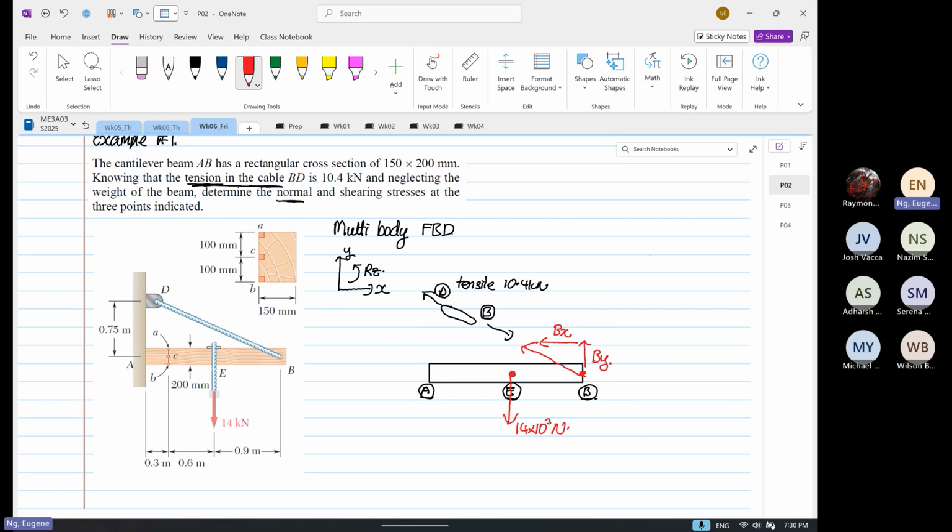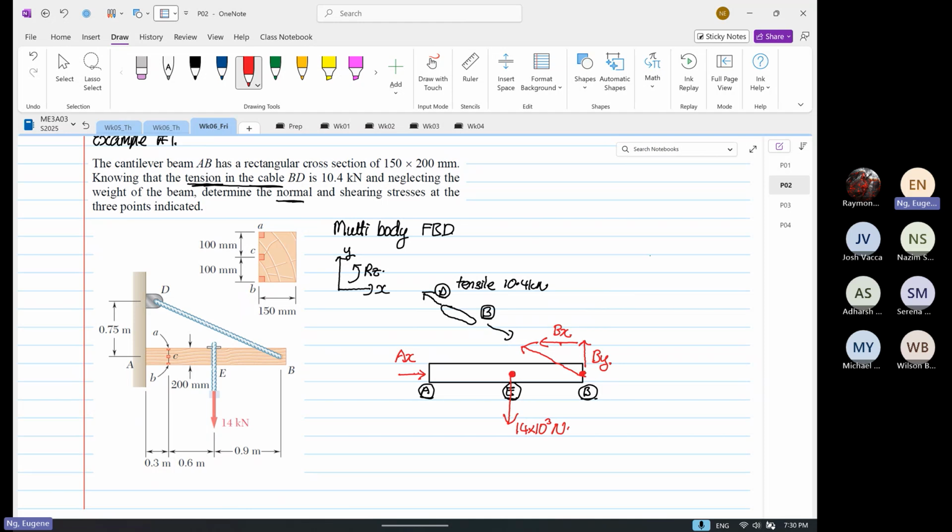And then on the side of the beam over here at point A, we know that there is a load coming in this way, and this is going to be our Ax. Now Ay is coming in this way, because it has to oppose Bx. If not, the structure will not be under static equilibrium.